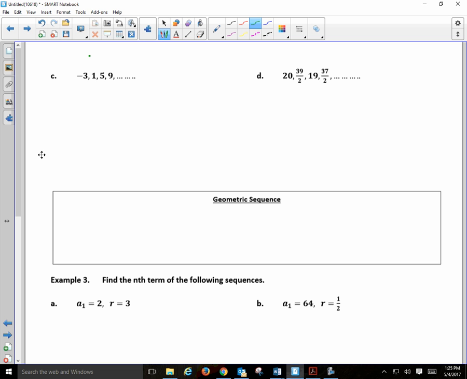What's the next term in the sequence? 13. You can see the common difference is equal to 4. So therefore, a sub n is equal to, what do I write? -3? Good job. So a sub n is equal to 4n minus 7.